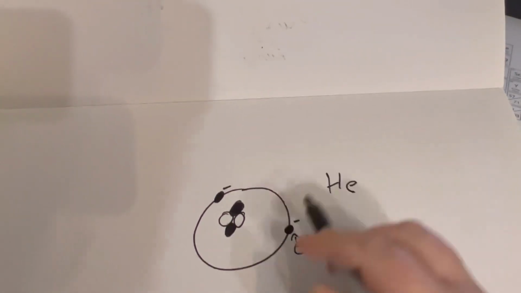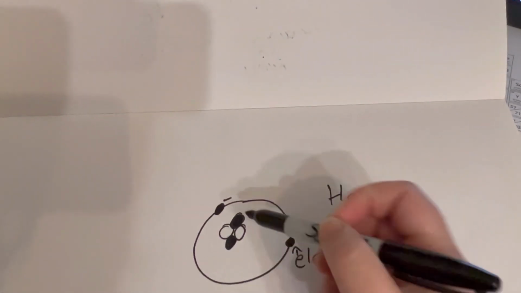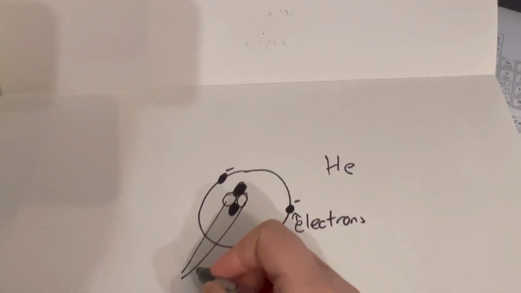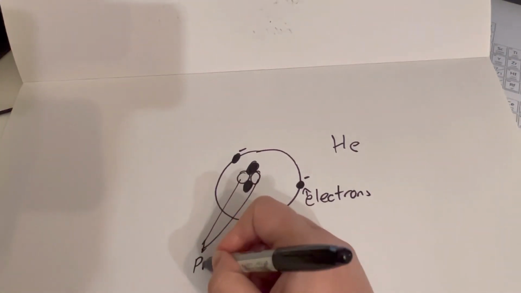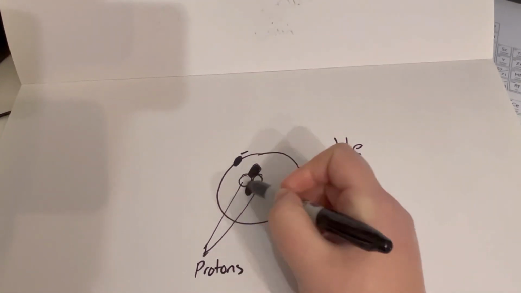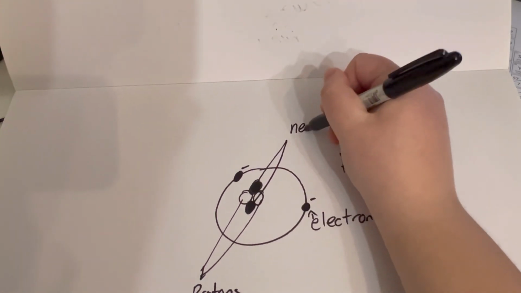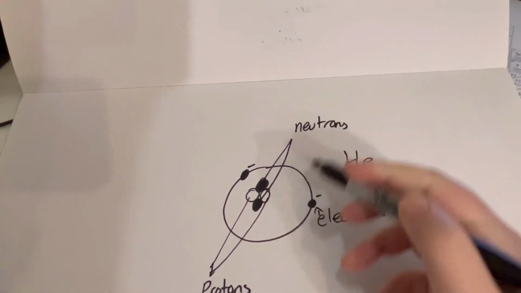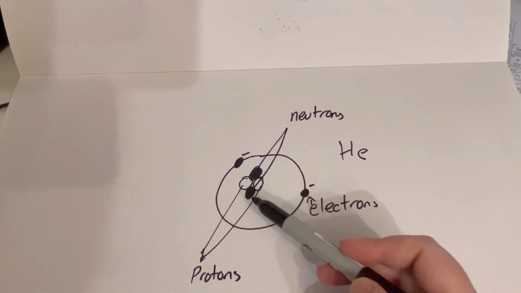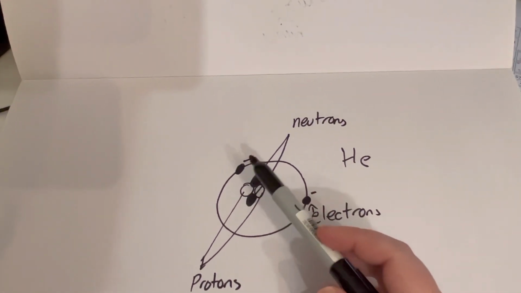These subatomic particles are around the outside of the shell. These 2 here are protons, because they're on the inside. And these 2 here would be neutrons.